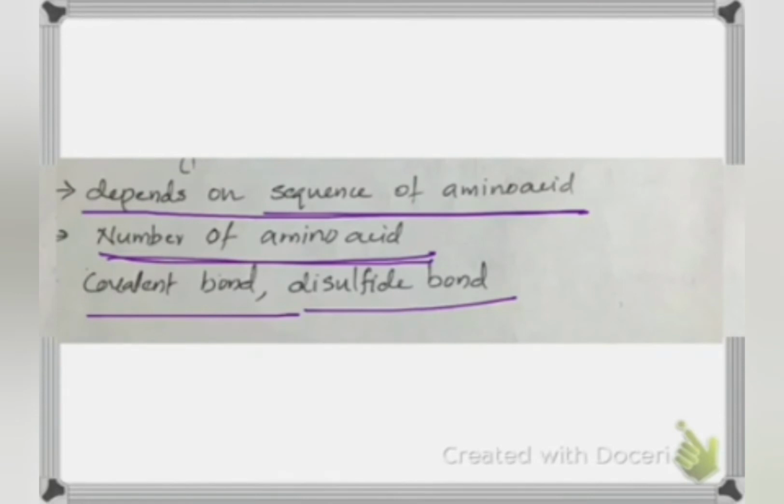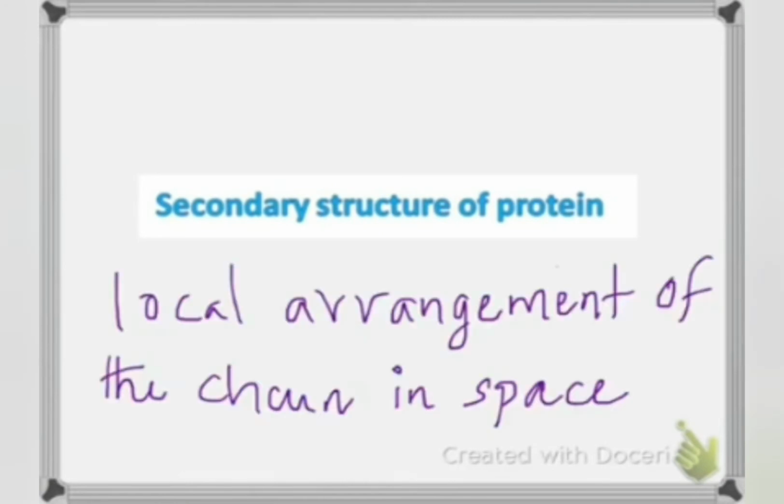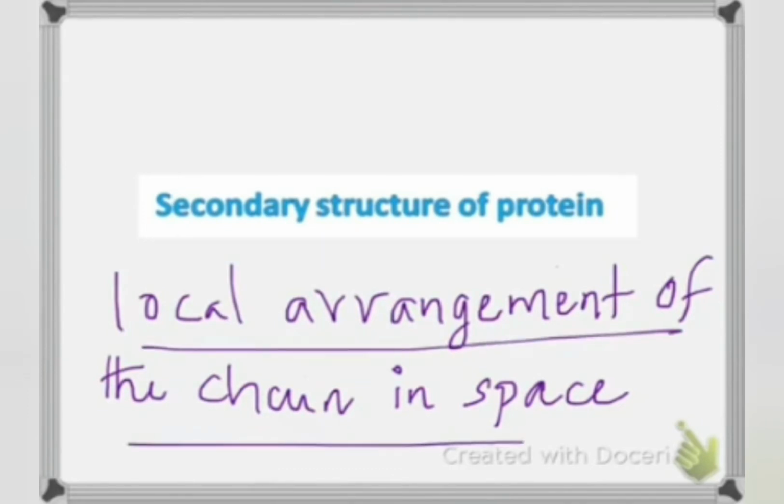Now coming to the secondary structure of protein. The primary structure describes the sequence of amino acids forming a peptide chain, but the secondary structure refers to the local arrangement of the chain in space.